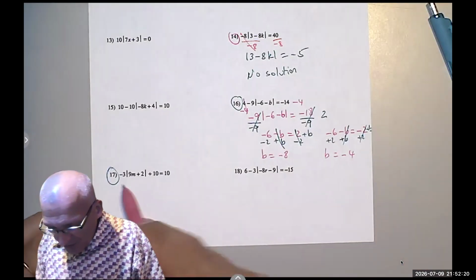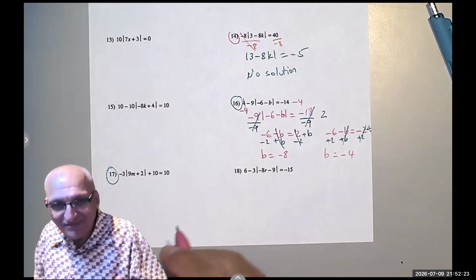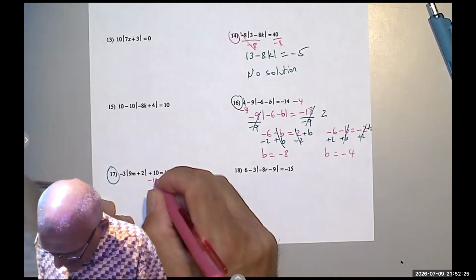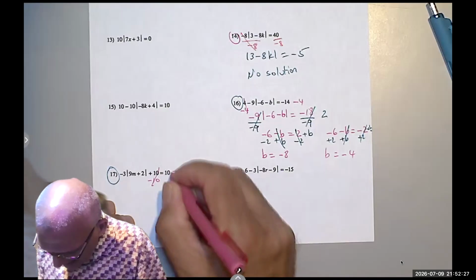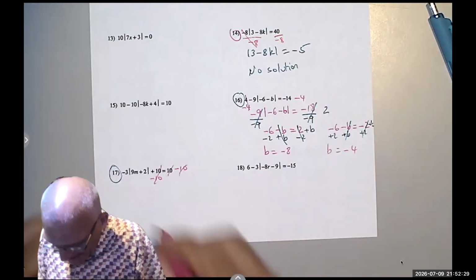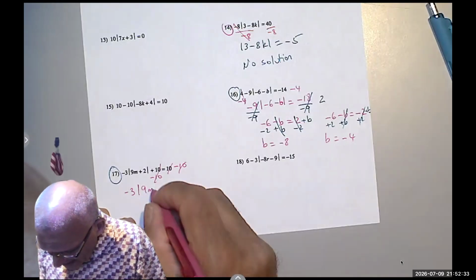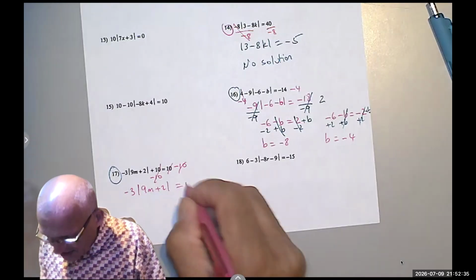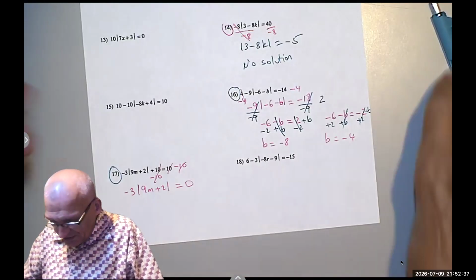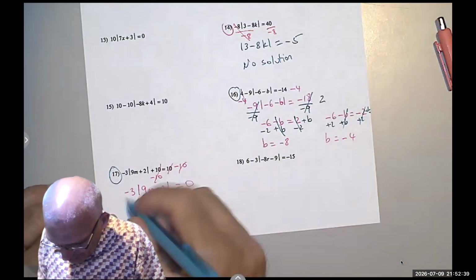Okay, now this one is a little funny because when I subtract 10 from both sides, these cancel and these cancel. So I get negative 3 times the absolute value of 9m plus 2 equals 0. But you have to divide by negative 3 both sides.